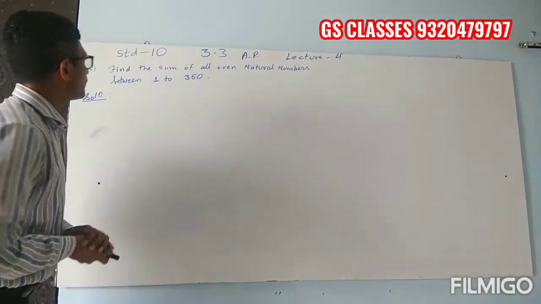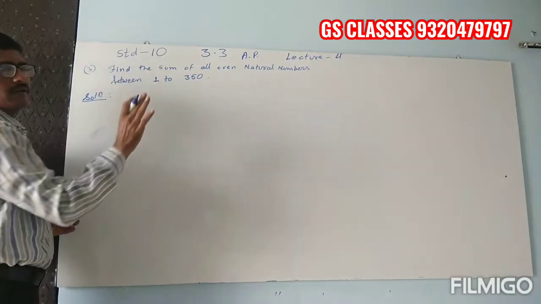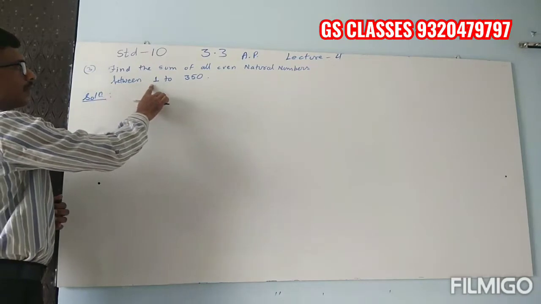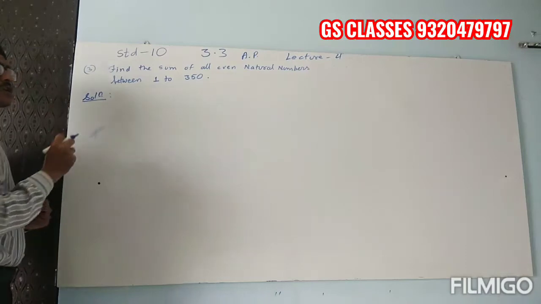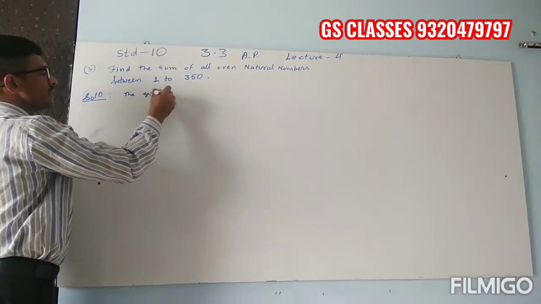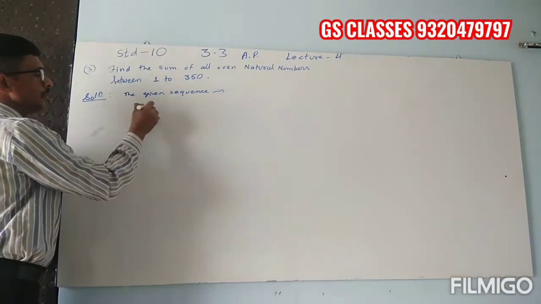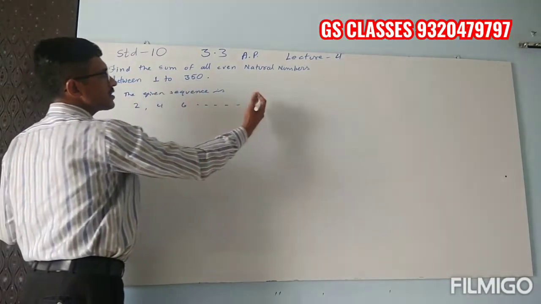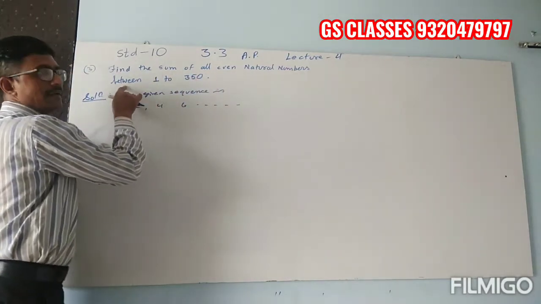In this question, they are asking you to find the sum of all even natural numbers between 1 to 350. First of all, we have to write the sequence. So the given sequence is 2, 4, 6, so on. Now last even number, find the sum of all even natural numbers between.